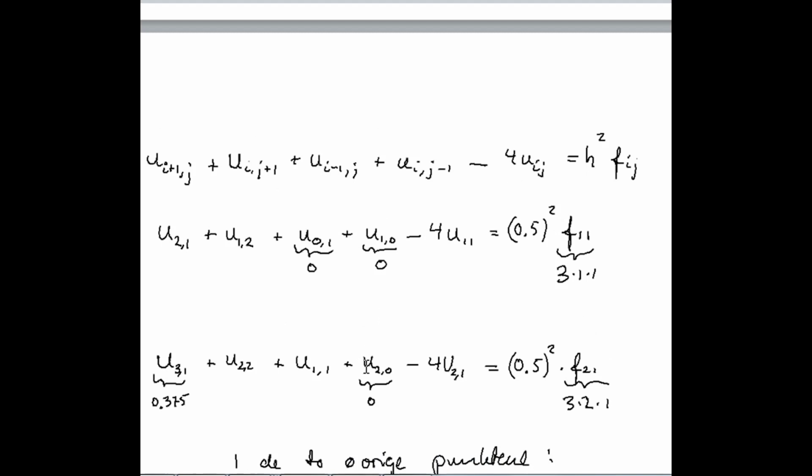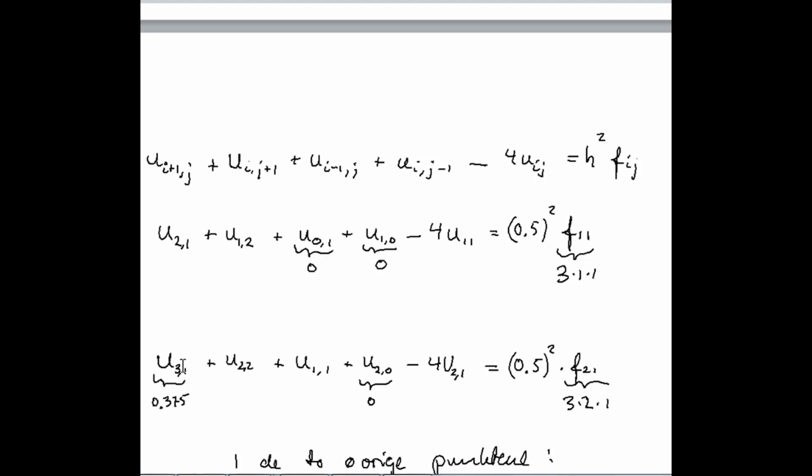And in the same way we see that u_20 is a boundary point at the bottom, and u_30 on the right side is also 0.